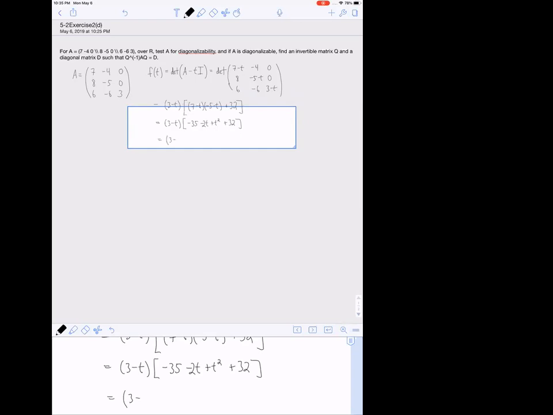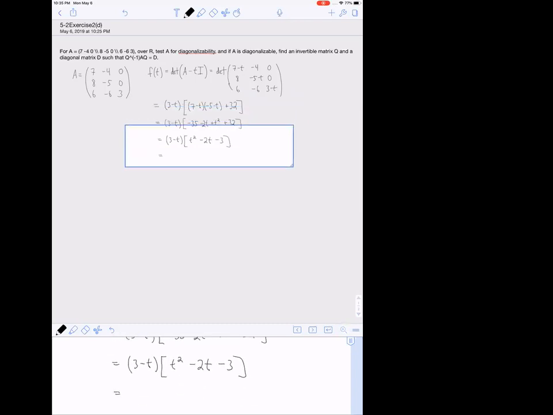We'll get a 3 minus T times, I'll write this as T squared, minus 2T, minus 35 plus 32, which should be minus 3. Oh, that's great. That's a polynomial that factors. So let's go ahead and factor that into T minus 3 and T plus 1.